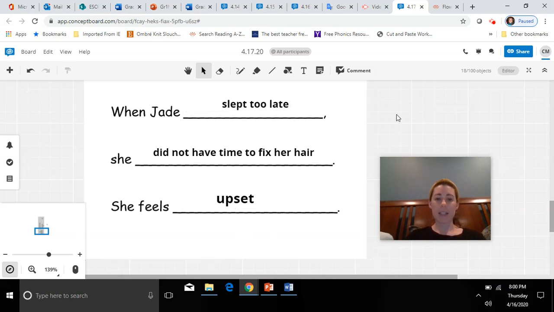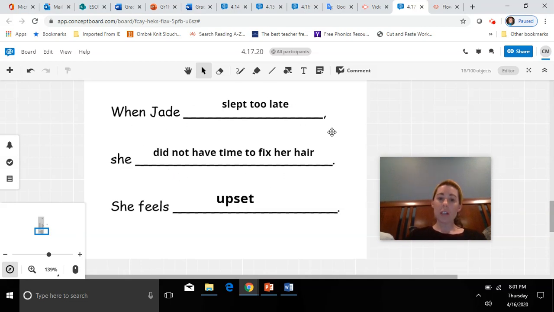Let's read our sentence together. Well, we have two sentences. Let's read them together. When Jade slept too late, she did not have time to fix her hair. She feels upset. Okay?